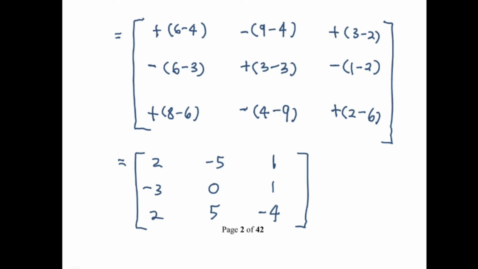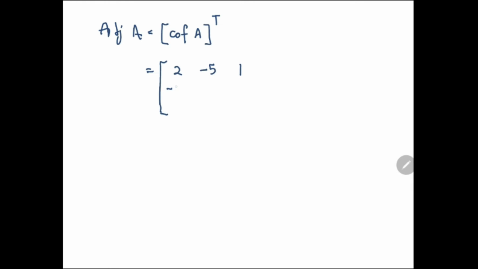Alright, if you understand, now we go to the next step, which is to find the adjoint. As you have learned, the adjoint of A is the matrix of cofactors of A that we transpose. So, which is 2, negative 5, 1, negative 3, 0, 1, and 2, 5, negative 4.